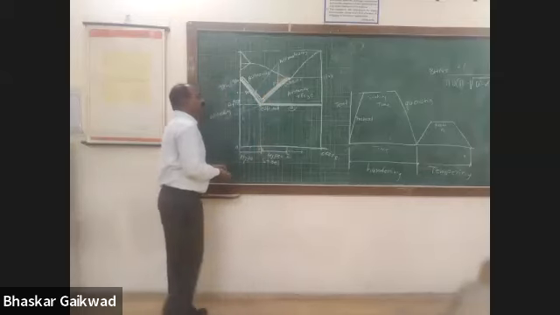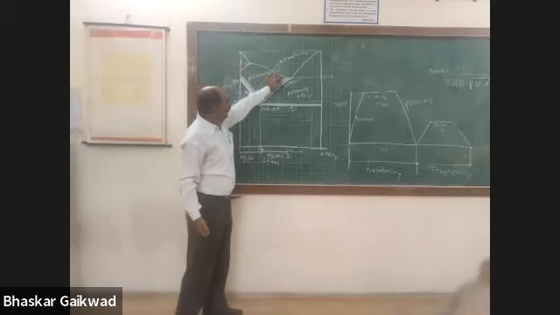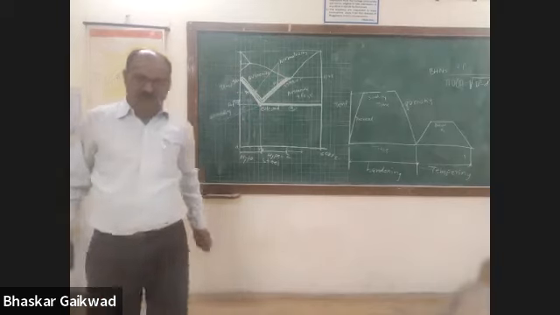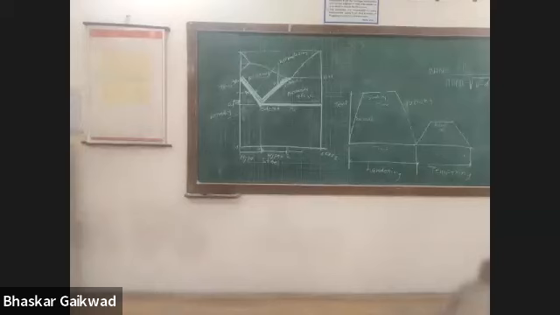This green color is the normalizing, and below that annealing is there. In short, normalizing temperature must be greater than annealing temperature.